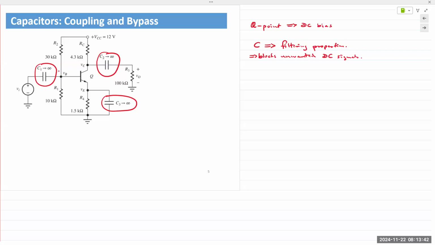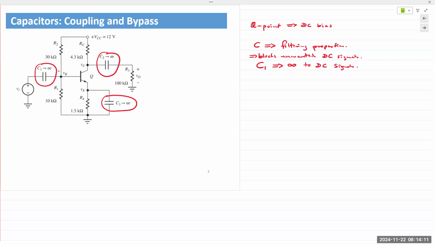Because the steady state equivalent for a capacitor is an open circuit, meaning for applied DC voltages, it's an open circuit. Inductors are short circuits. So this would block unwanted DC signal. So at the base, C1 presents infinite impedance to DC signals.